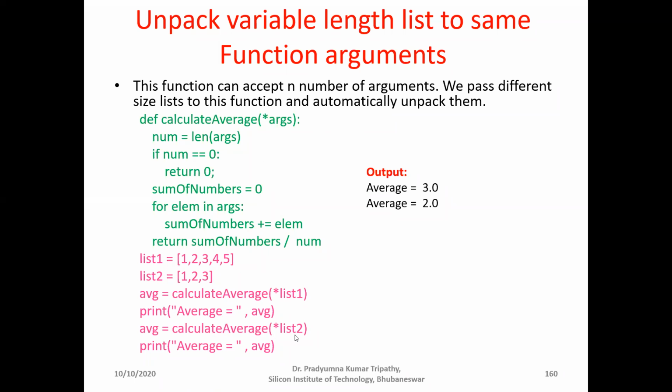The moment I pass list 2, which has 3 elements, it will be unpacked with 3 elements. Is it understood? So star can be used at sending, receiving or both. Even returning also.